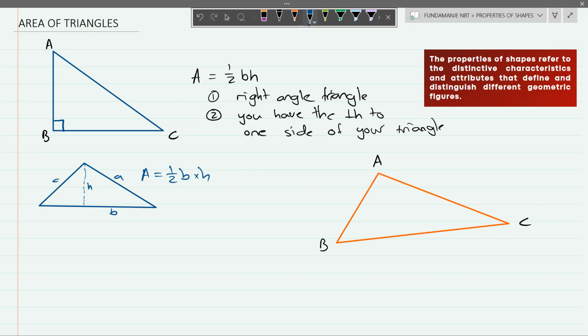So just make sure that whichever base you choose, you could choose also this base A to be your base, given that you have the perpendicular height to that base. So here would be our perpendicular height at a point like that.